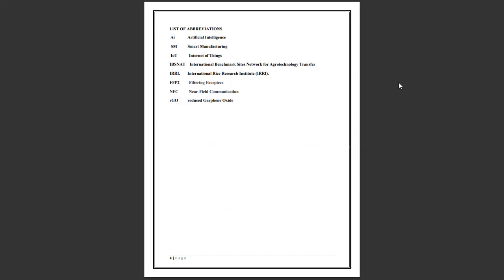Next is IBSNAT, which stands for International Benchmark Sites Network for Agrotechnology Transfer. And then IRRI, which stands for International Rice Research Institute. Then FFP, Filtering Phase Space. NFC, Near Field Communication. Then RGO, Reduced Graphene Oxide.